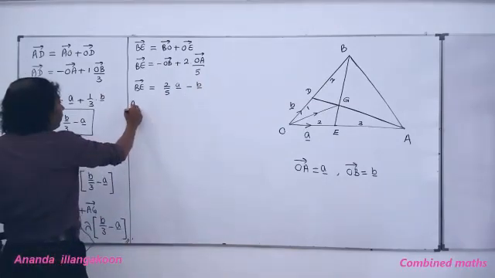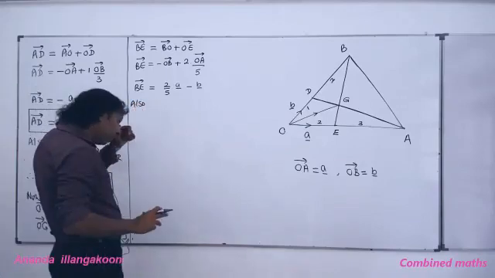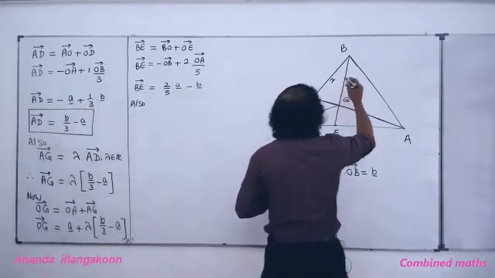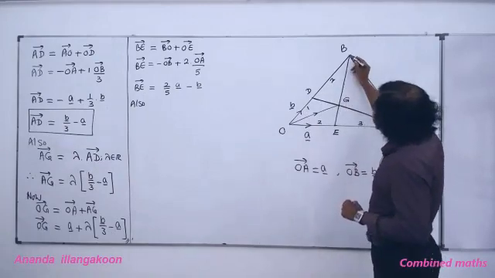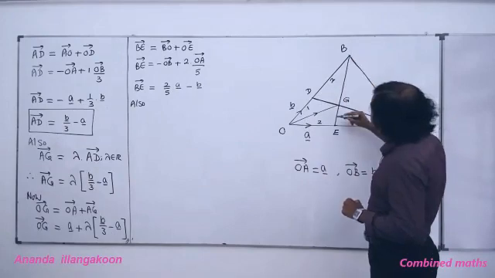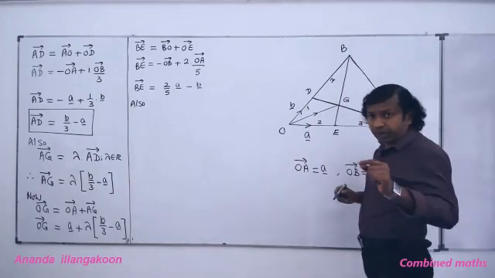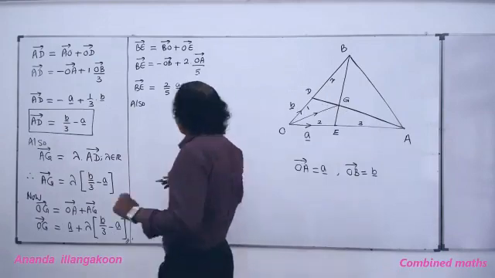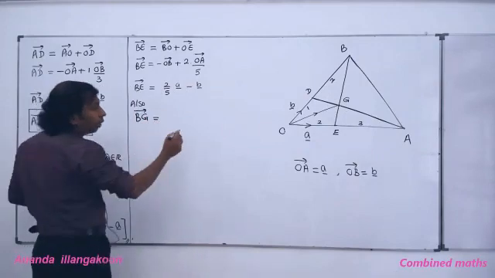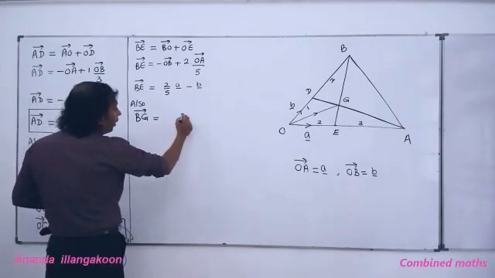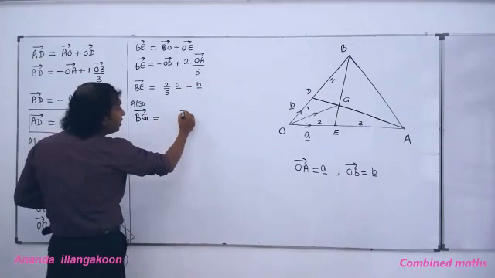Here now we can say also this BG vector, look at this BG, B to G. BG vector is a shorter vector. That BG vector you can write as part of BE vector. So therefore, to obtain this BG vector, I can obtain it as a part of BE vector.